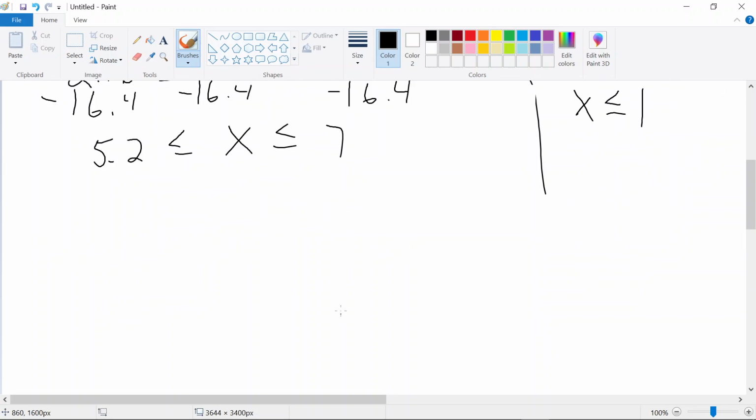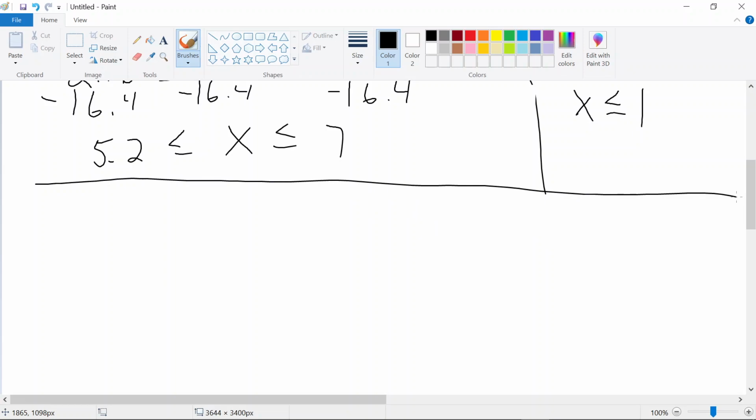Now, what would happen if I had to multiply or divide by a negative number? Let's say I'll just make one up. 6 is less than or equal to negative x over 3 is less than or equal to 8. So now, in order to turn this into a positive x, I'm going to have to multiply both sides by -3.